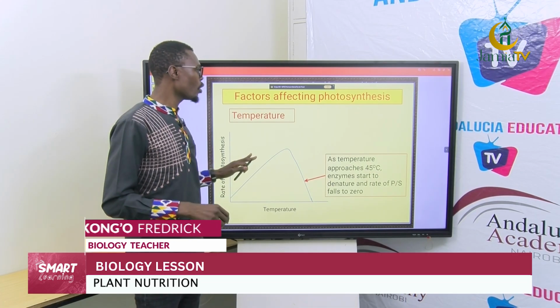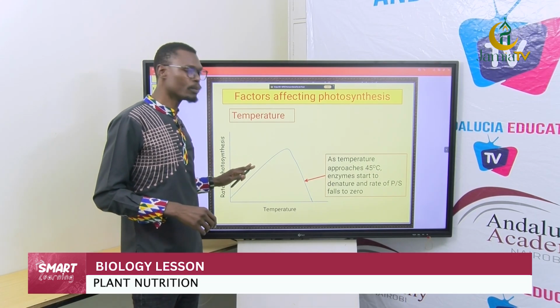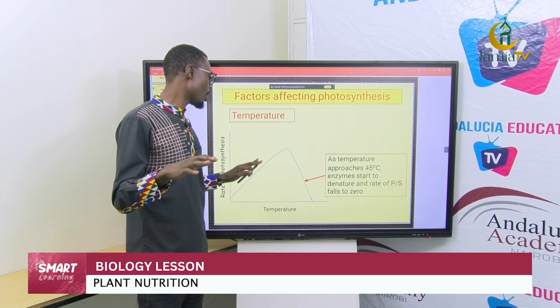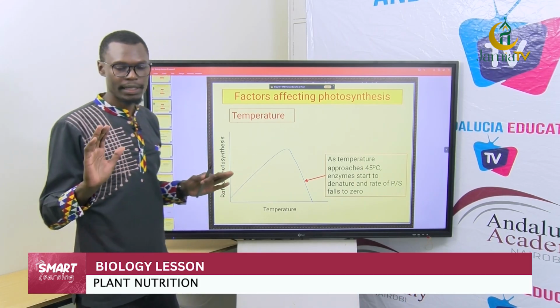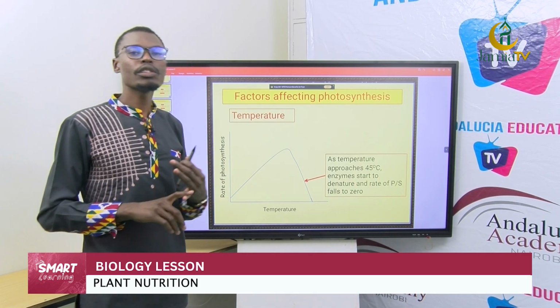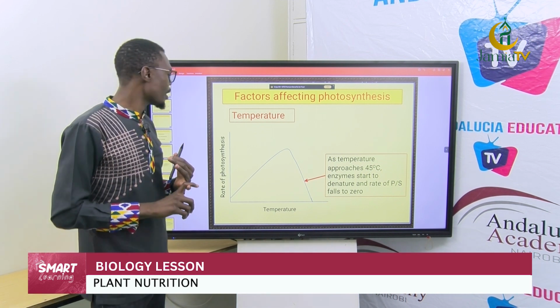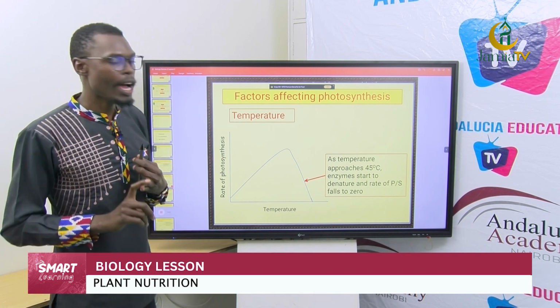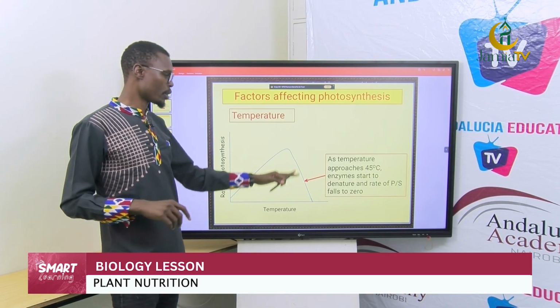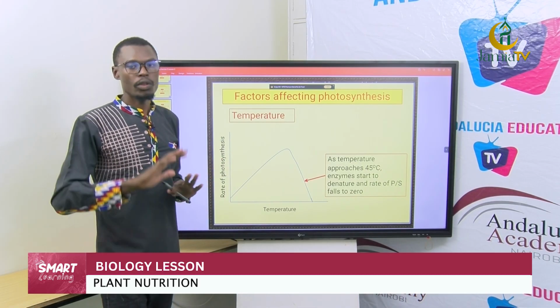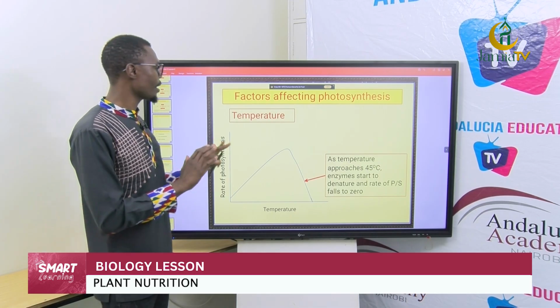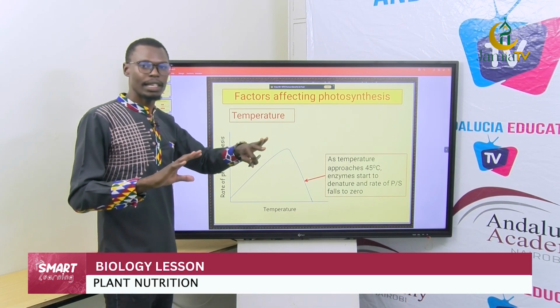In this scenario, we'll assume all other factors are not limiting. There is a provision of enough carbon dioxide. There's a provision of enough water for this process to take place. So those other factors are constant.